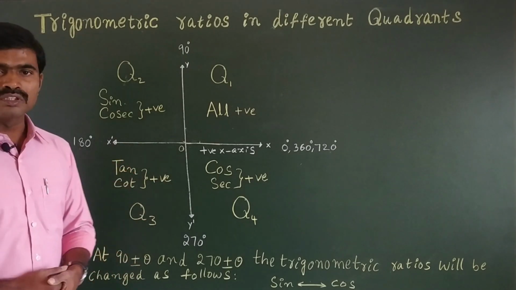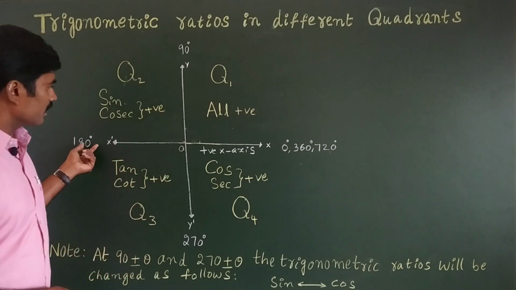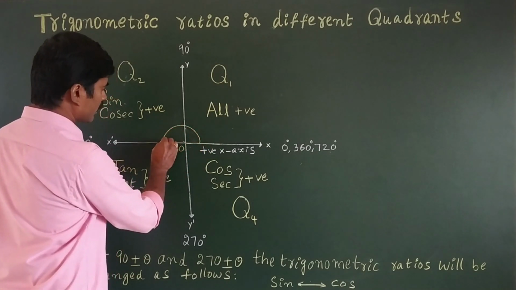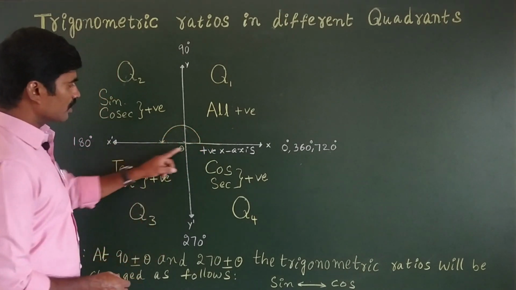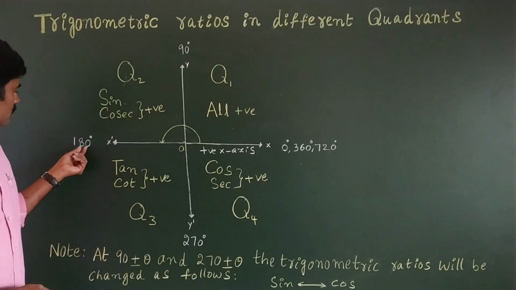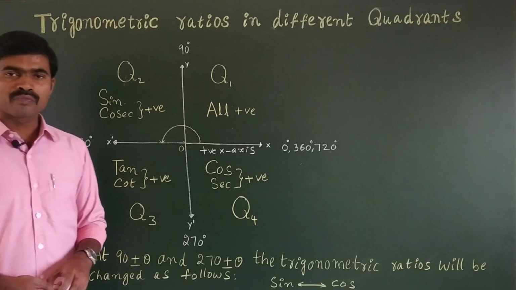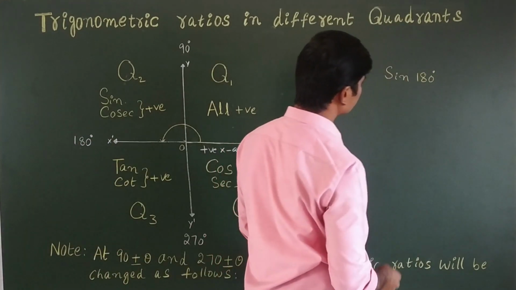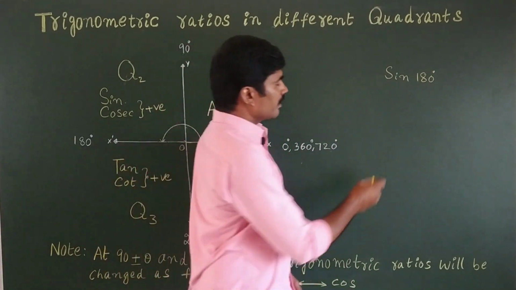So we'll check by one example. 180 degrees. A terminal ray makes 180 degrees with positive x-axis. Suppose we want to find sine 180 degrees.